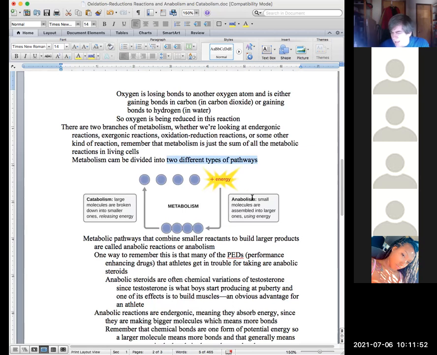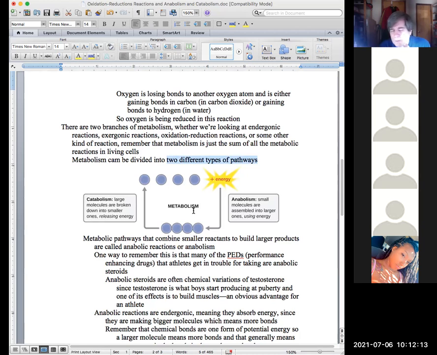This is an anabolic reaction, or this is an example of anabolism. When we think about anabolism or anabolic reactions, they involve taking small molecules and combining them into bigger molecules.